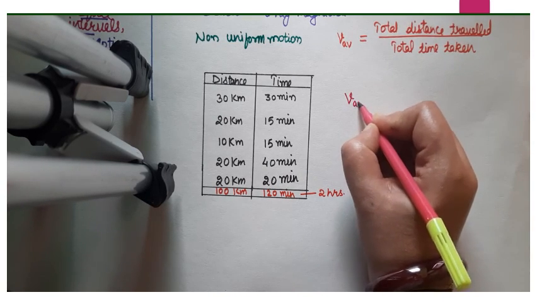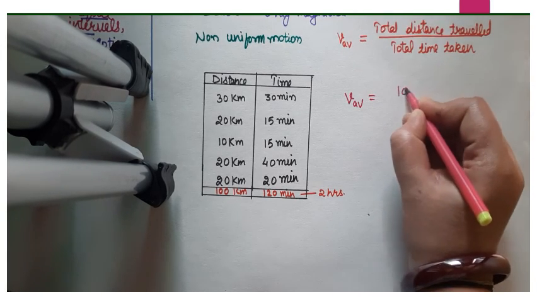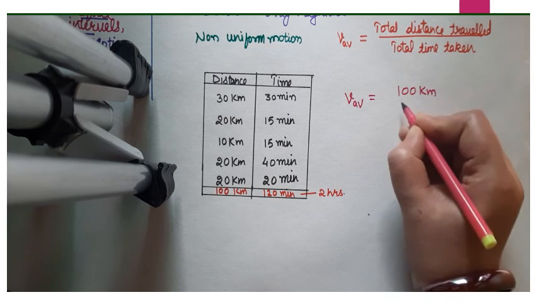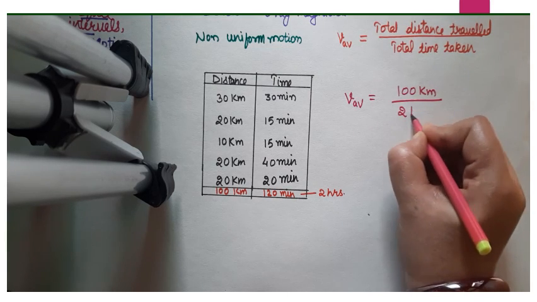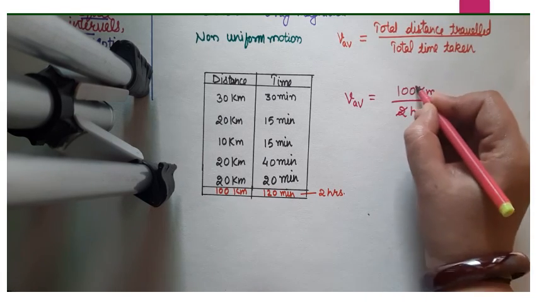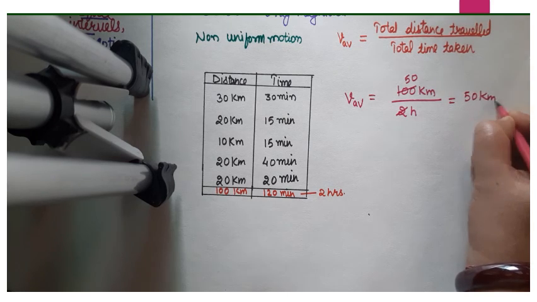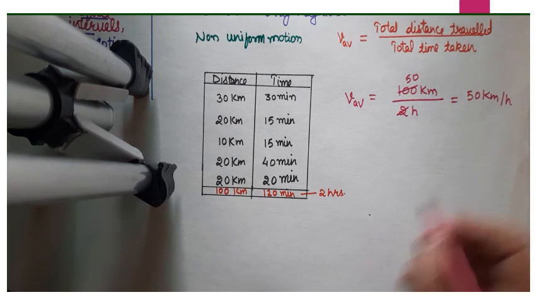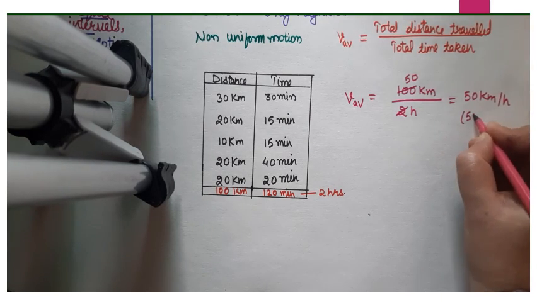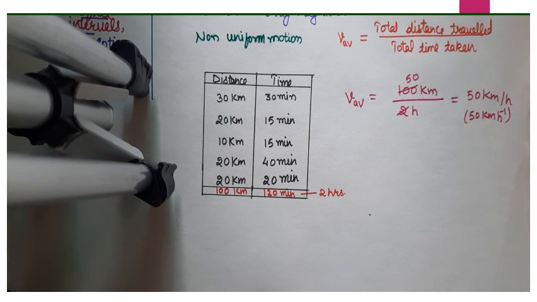Total distance traveled in this case is 100 kilometers and total time taken is 2 hours. In this way, the average speed of this car is 50 kilometers per hour. It can also be written as 50 kilometer hour inverse. Both ways it is absolutely correct.